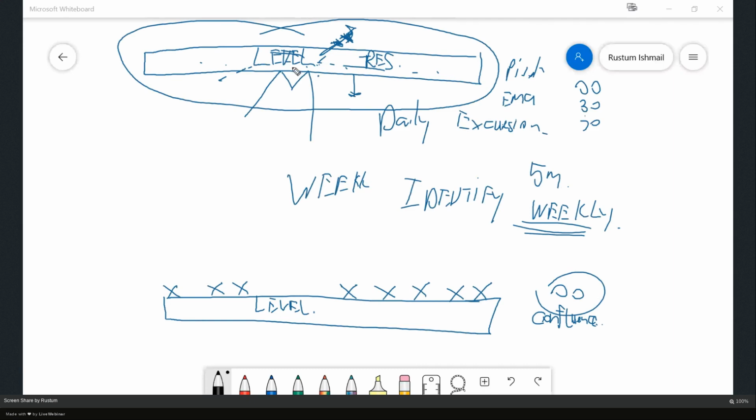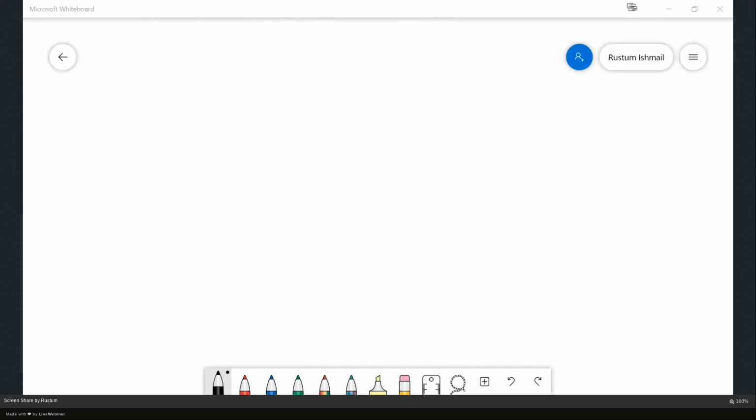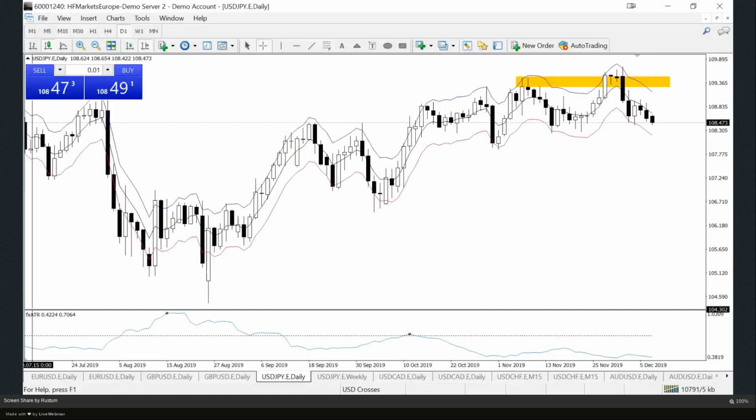So once you've identified that, you jump to your daily chart and you look for your excursion beyond the mean there. So you've identified everything and you've seen there is confluence with your 200 period moving average.